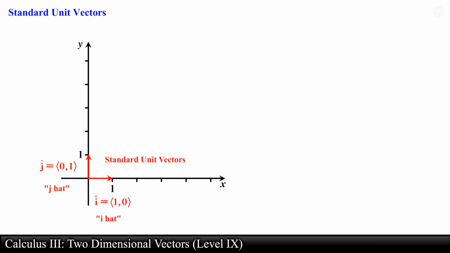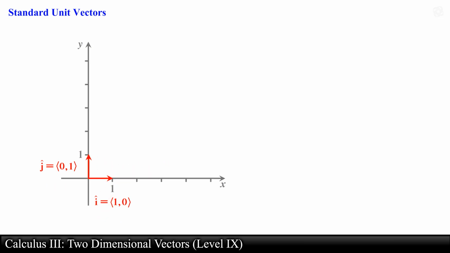This is pronounced as i hat and j hat, respectively. One vector points in the direction of the x-axis, in this case, i hat, and one vector points in the direction of the y-axis, in this case, j hat. Both vectors have a length or magnitude of 1.